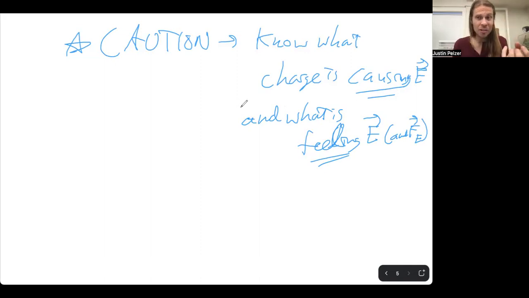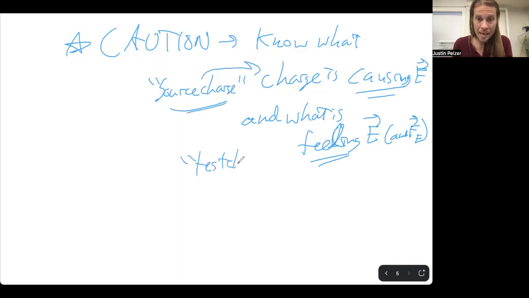So we'll say, consider this as the, we call this the source charge. And then we call this the test charge. Any charge can wear the source charge hat, right? Say we're considering this is the source and wondering what field it creates and how it affects everything around it. And then we'll switch to this other charge and say, now, how is this charge acting as a source charge as well? So remember, a charge never feels its own field. So we can just go from one to the other and say, what is this doing to the universe? So caution, know what is the source charge and what is the test charge.